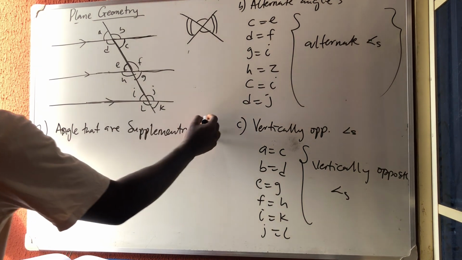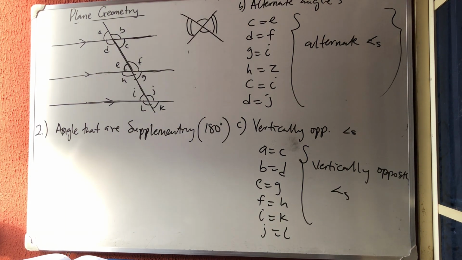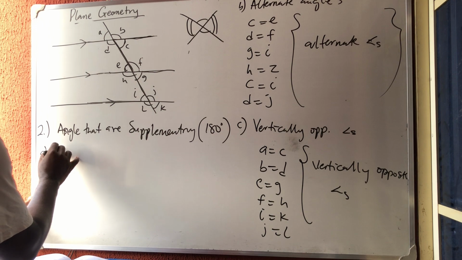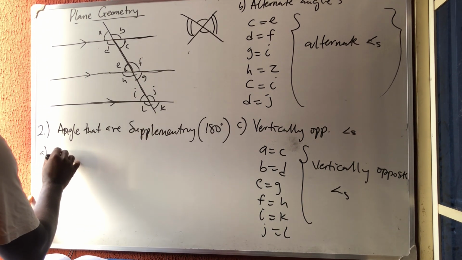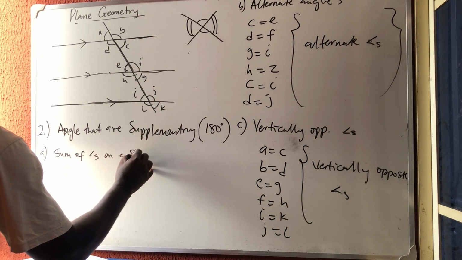Please, supplementary means that their sum must be equal to 180. So the first one that we'll look at is called angles on a straight line. Sum of angles on a straight line.